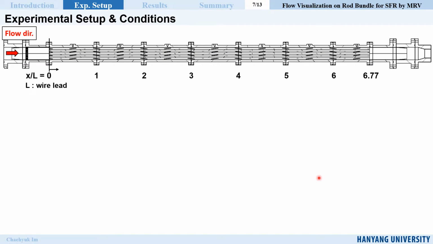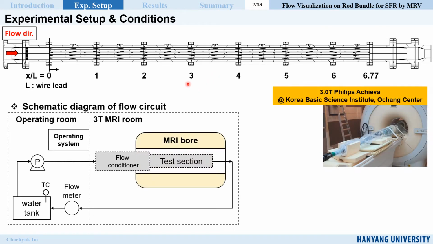Now let's talk about the MRV experimental setup. Based on the starting point of the fuel rod, the position is normalized with the wire lead L. The test section was made using 3D printing. The picture on the left is the schematic diagram of the flow circuit, and the MRV experiment was performed by installing the test section in the MRI bore like this.